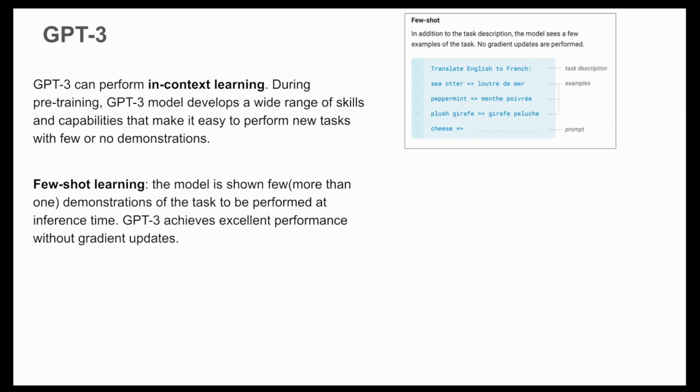The example you see in the top right corner is few-shot learning when translating from English to French. In order to translate from English to French, GPT-3 requires you to give at least a few samples, typically more than one, of how translation is done from English to French.